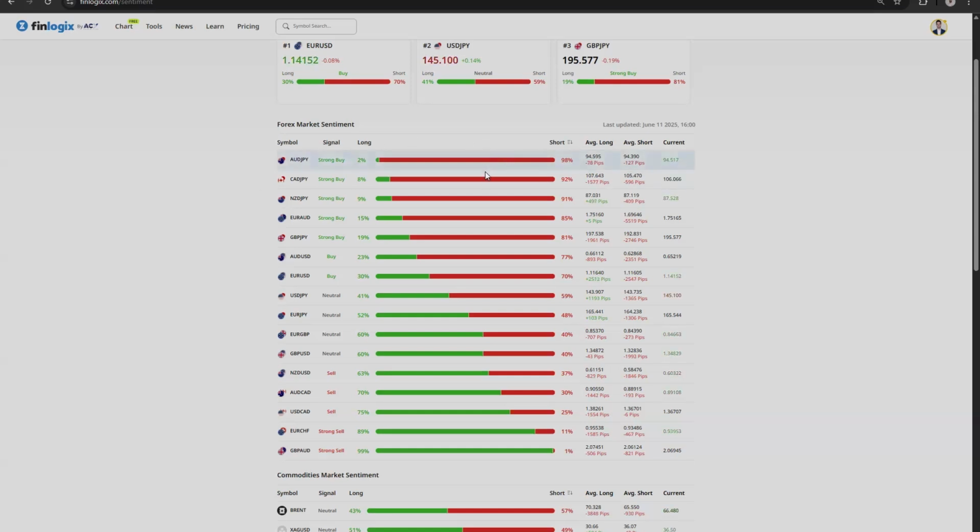Because the majority is on the short side. See, 98% of the market is positioned on the short side, and the minority of the market is positioned on the long side. So what we want to do here is trade with the minority.